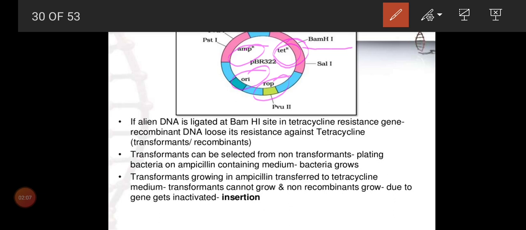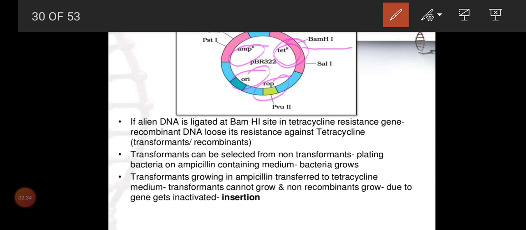For your understanding, it was given inside and outside. We know plasmid is extra chromosomal circular DNA, so this circle will contain genes and some of the restriction sites. Clear, children? So when we cut the BamHI restriction site with the enzyme, obviously the tetracycline resistant gene also will be removed.